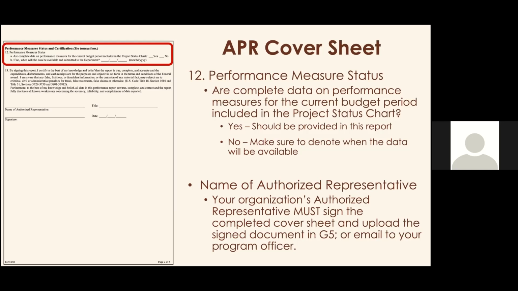And I'll have, Olani, if you would pop in the chat box that date of May 3rd, 2022 as a great date to put in for when that data would be available, because you'd be reporting it on your next APR.